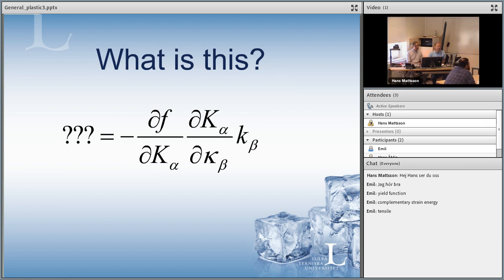Do you have an answer? It's good if you think a little bit, discuss in the group, and deliver a distinct answer. Hardening modulus.